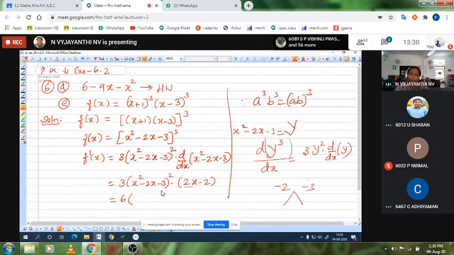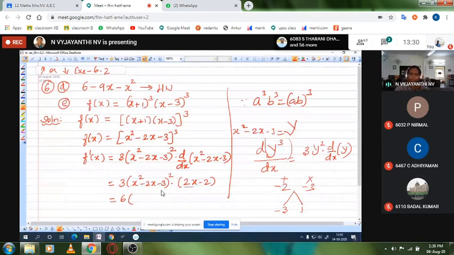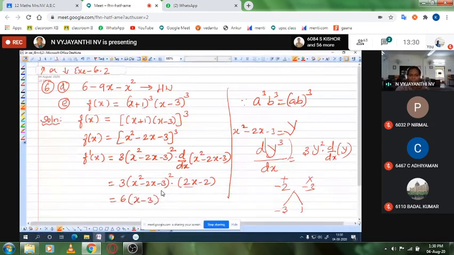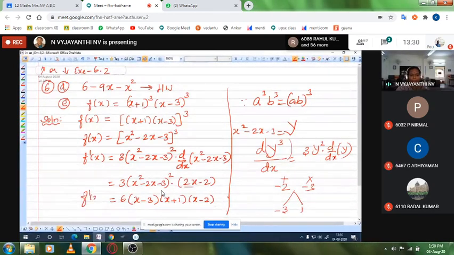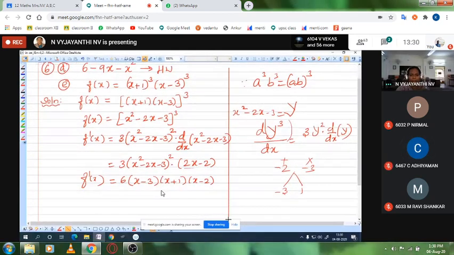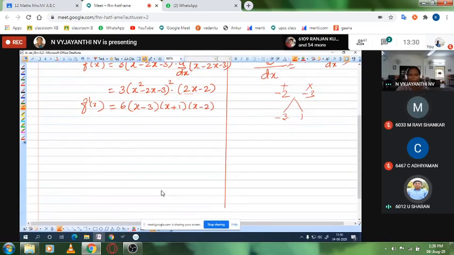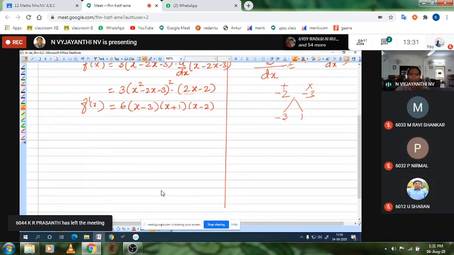Splitting the middle term method: adding these two will give minus 2, product of these two will give minus 3. So we split this as x minus 3, x plus 1. Is it correct? Taking 2 common out, it should be x minus 1 instead of x minus 2.